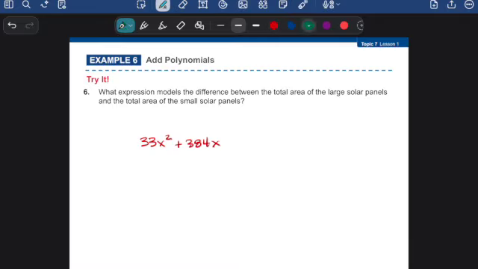And the small solar panels was 4x squared and 24x, and we're looking for the difference between them, so we're going to subtract those polynomials. 33x squared minus 4x squared is going to be 29x squared. 384x's minus 24 is going to be 360x's. So this is the difference between the large area and the small area.